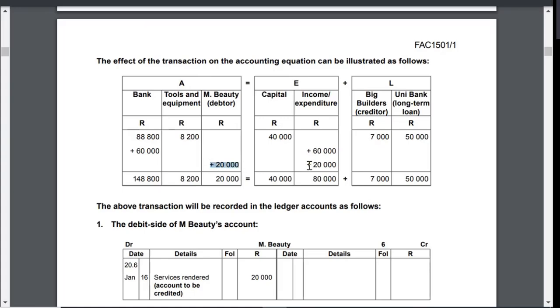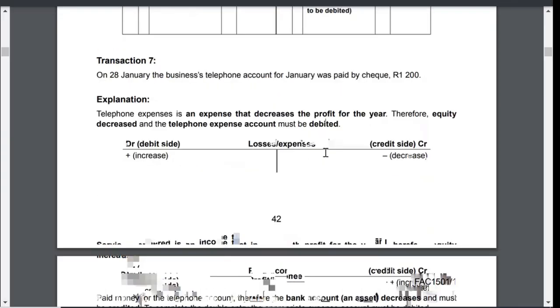Income is increasing, so equity is also increasing by 20,000. Can you see that our equation balances? Plus 20,000 assets equals plus 20,000 equity. And for liabilities, there's 0.